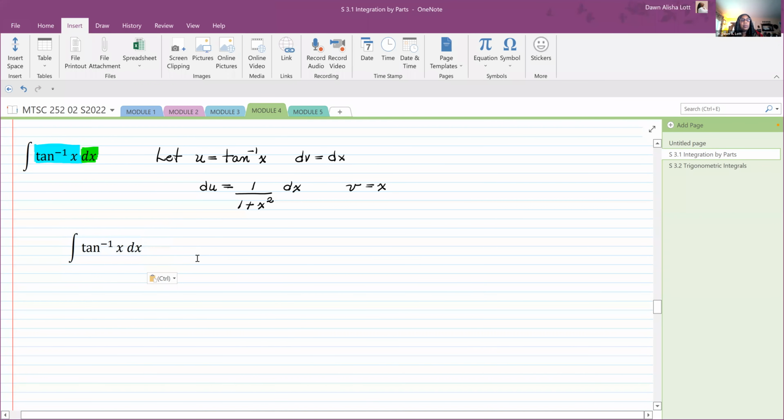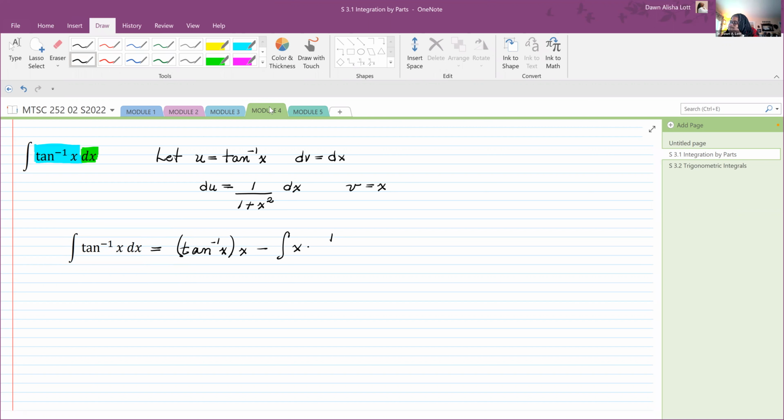So the integral of the tan inverse of x dx is going to equal u times v. u is the tan inverse of x times v, which is x, minus the integral of v, which is x, times du, which is 1 over 1 plus x squared dx.